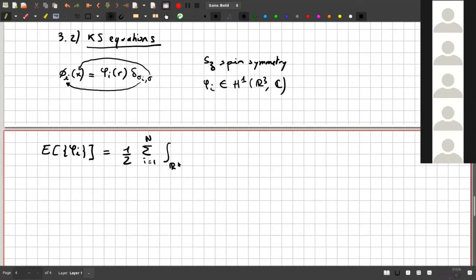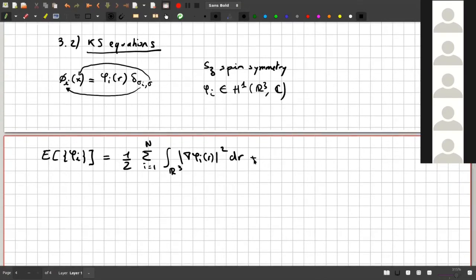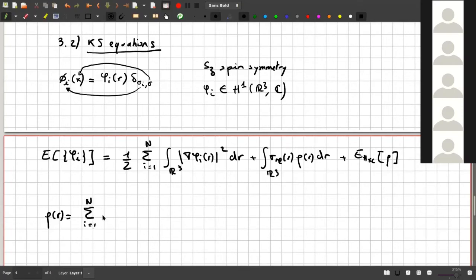So first I have the kinetic part, which gives me this |nabla phi_i(r)|^2 dr. Then I have the V_NE part, which of course, as you know, will depend on the density, and then I have the Hartree and exchange-correlation terms depending on the density rho, and the density in terms of the spin orbitals will be simply the sum over i from 1 to n of |phi_i(r)|^2. Okay, so I assume that you can derive this. If you are not sure, this is an exercise that you should do.